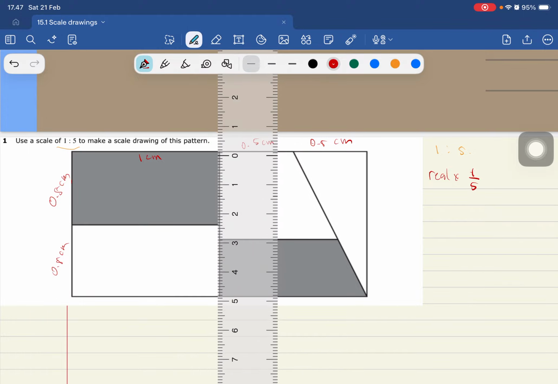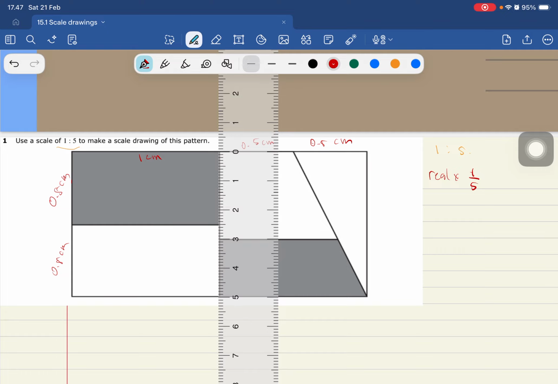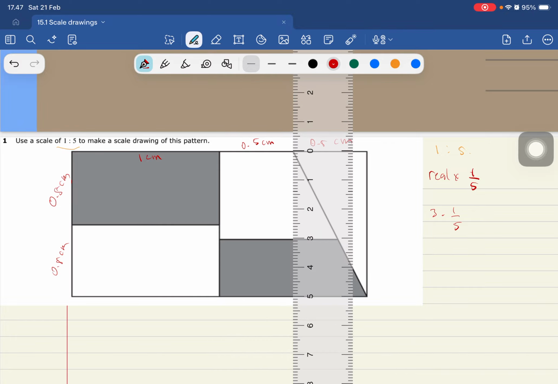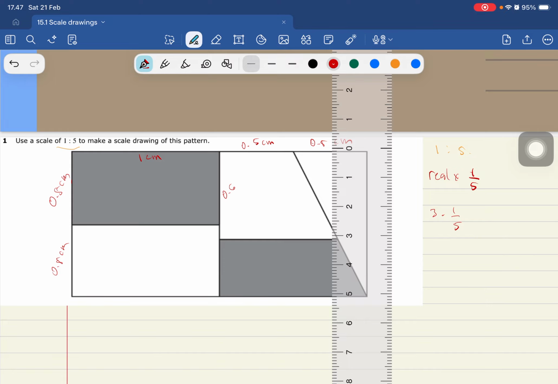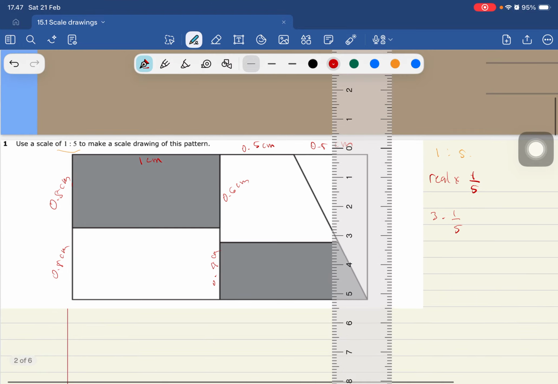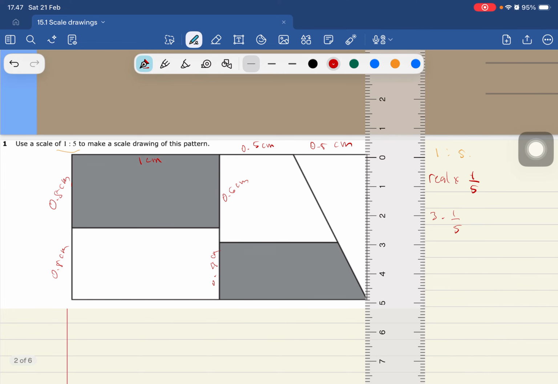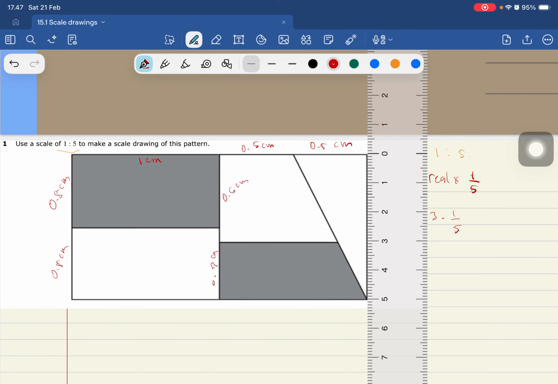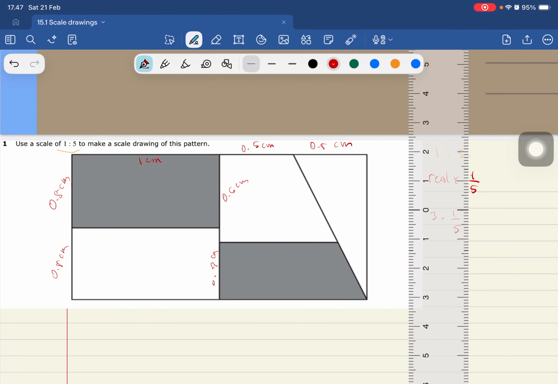Here we can see 3, so we make it 3 multiplied by 1 over 5. It's going to be 0.6 centimeter. Here is 0.4 centimeter. This line is 5 centimeter, so 5 multiplied by 1 over 5 is going to be 1 centimeter in the scale drawing.